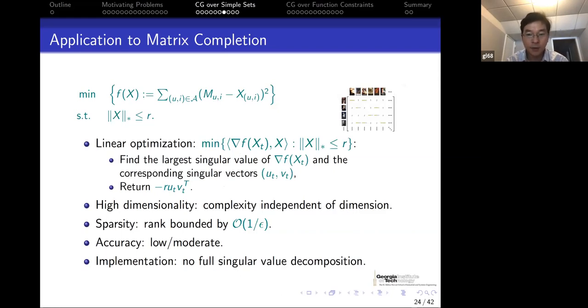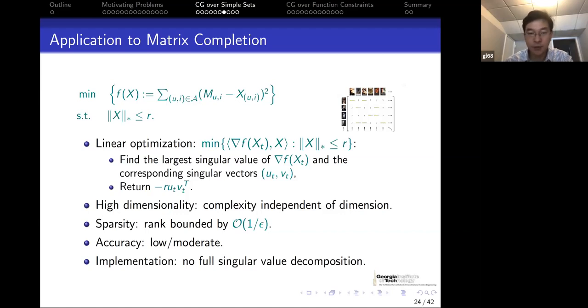For this problem, the complexity is independent of dimension. Again, the sparsity is guaranteed because the rank of the solution is bounded by 1 over epsilon. And this is acceptable because we don't need to seek an accurate solution. And if we want to implement this algorithm, one nice thing is we don't need to do a full singular value decomposition. We only need to compute the largest singular value.